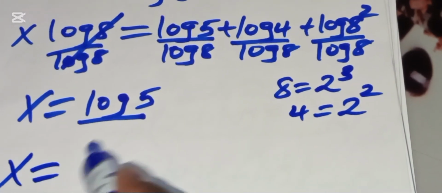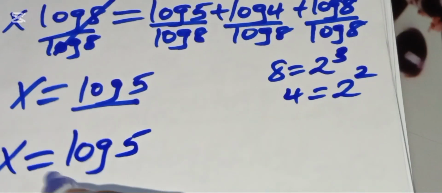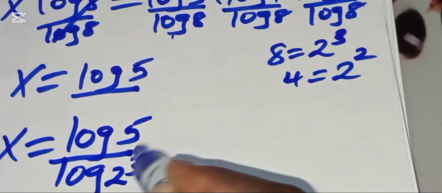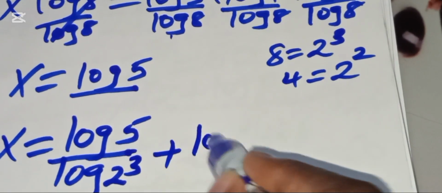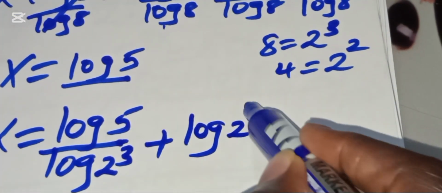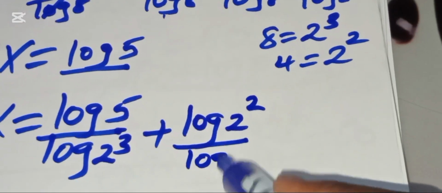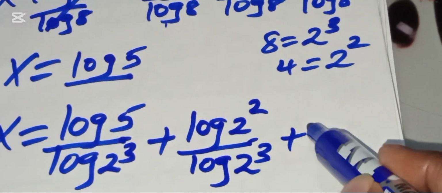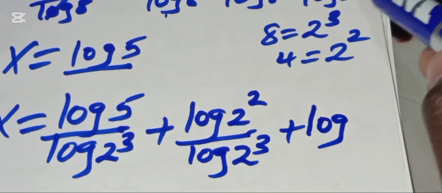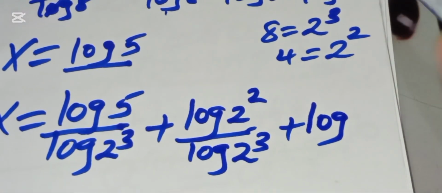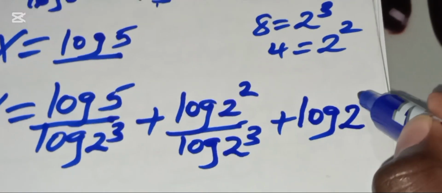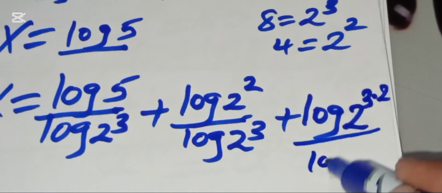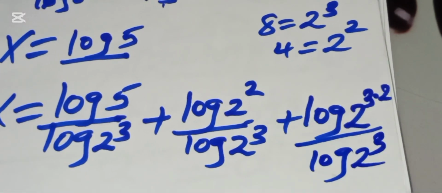So the value of x is equal to log 5 divided by log 2 raised to power 3, plus log 2 squared divided by log 2 raised to power 3, plus log of 8 squared, which is the same thing as 2 raised to power 3 multiplied by 2, divided by log 2 raised to power 3.